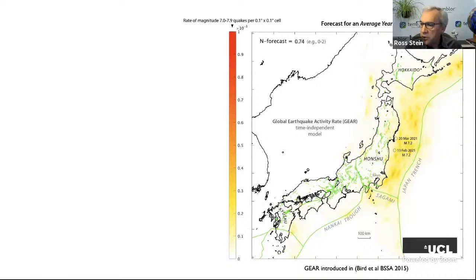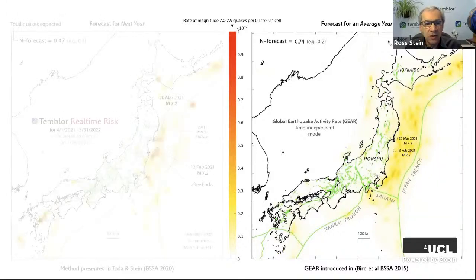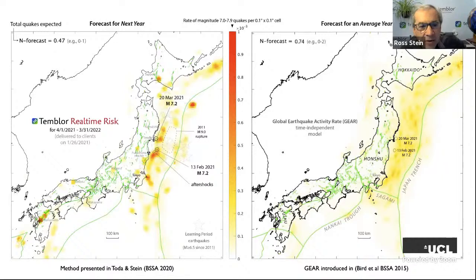Now, what we do in the Coulomb model is we consider all the stress interactions. And now you can see it's much more gloppier. It's much more concentrated into lumps. And here is where these two earthquakes occur. And here is the region of the Tohoku earthquake, which is white because its stress has been transferred to this kind of halo around it.